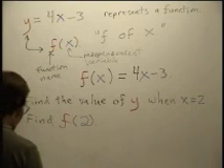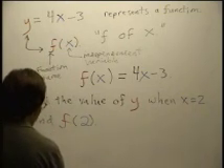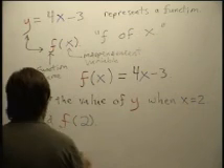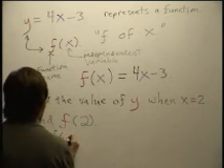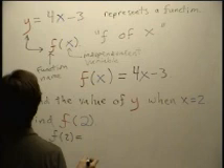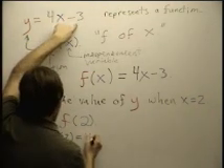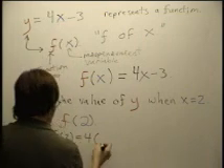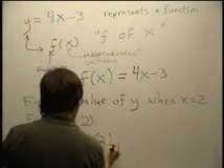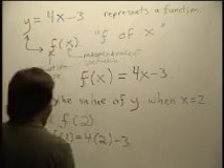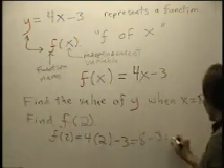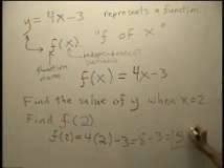We're going to have f of 2 equals 4x minus 3, but instead of x, we want a 2. And so then we do the calculation, and we see that f of 2 is equal to 5.